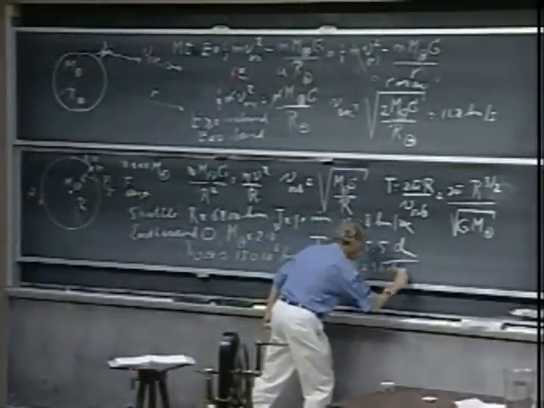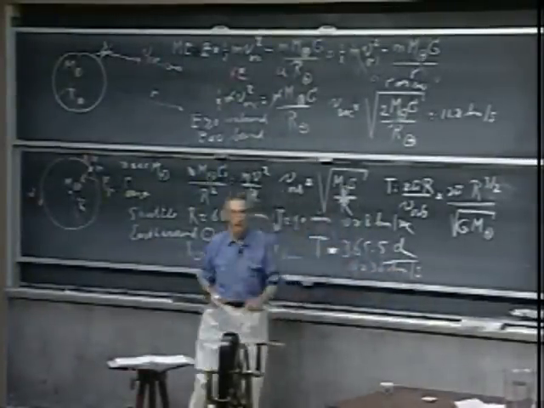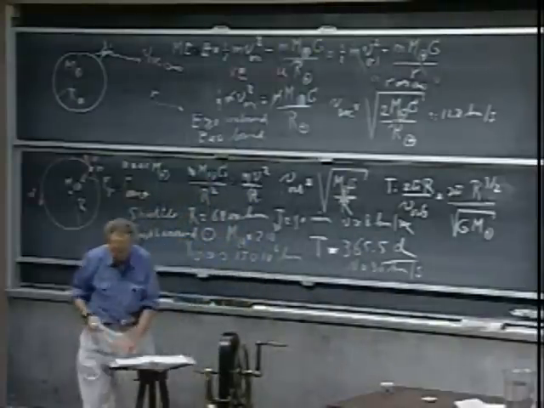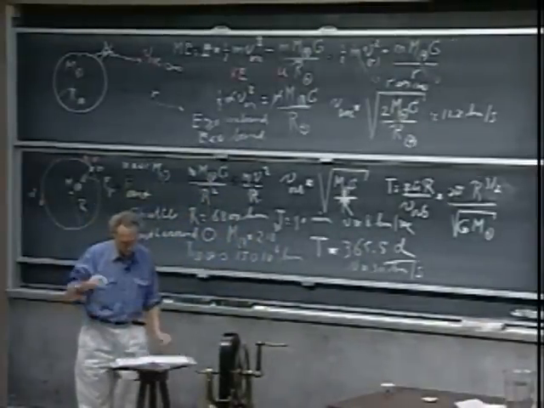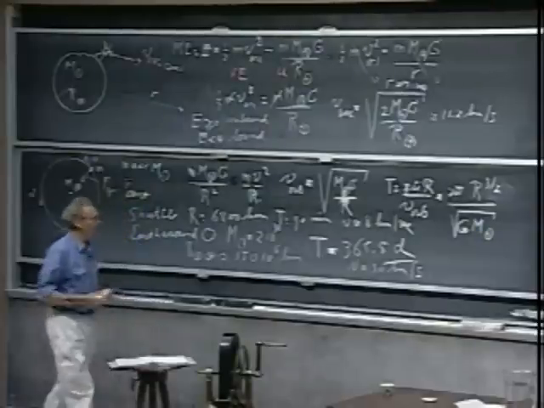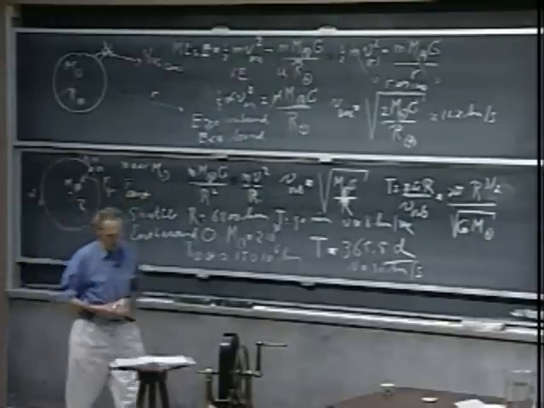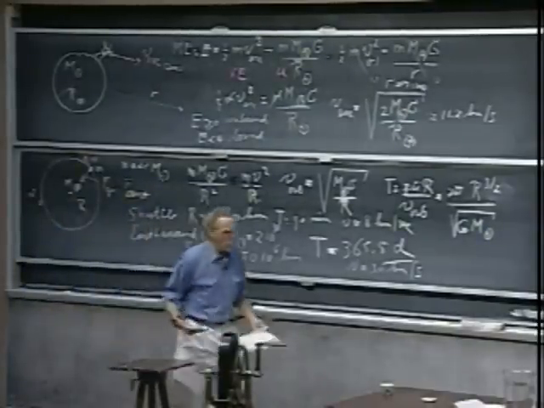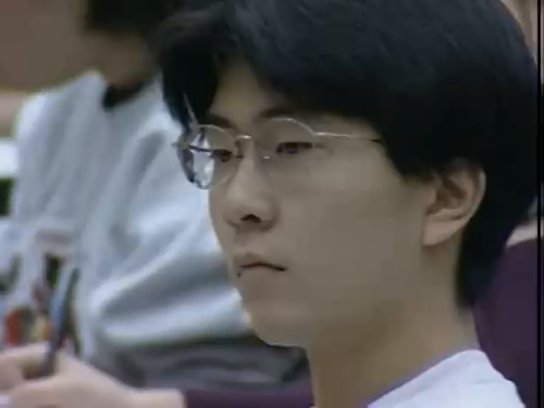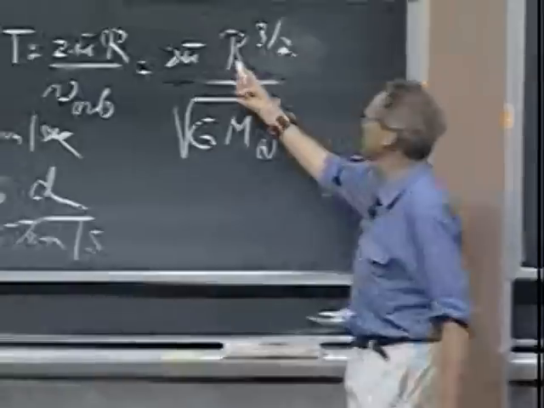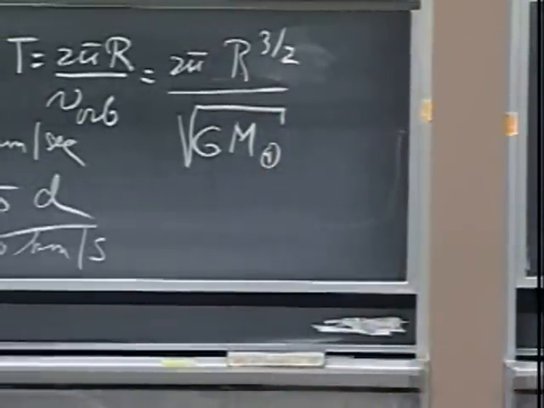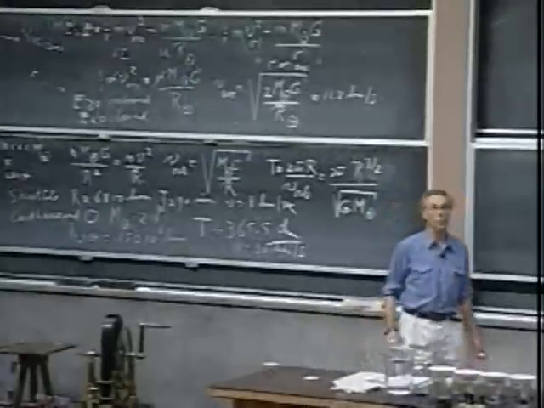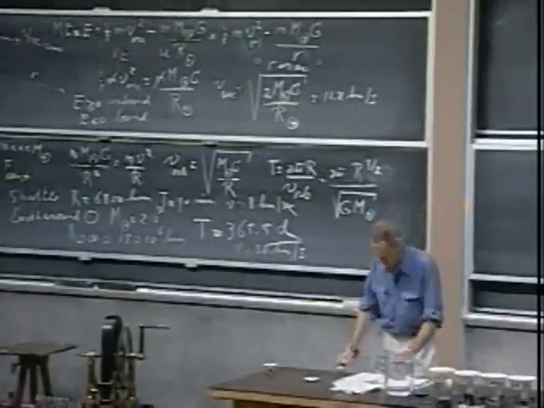It's a substantial speed, by the way, 30 kilometers per second, way higher than the speed of the shuttle around the Earth, which is only 8 kilometers per second. Jupiter is 5 times further away than the Earth, and so the time for Jupiter to go around goes with 5 to the power 1.5. That's about 12, so it takes Jupiter about 12 years to go around the sun.